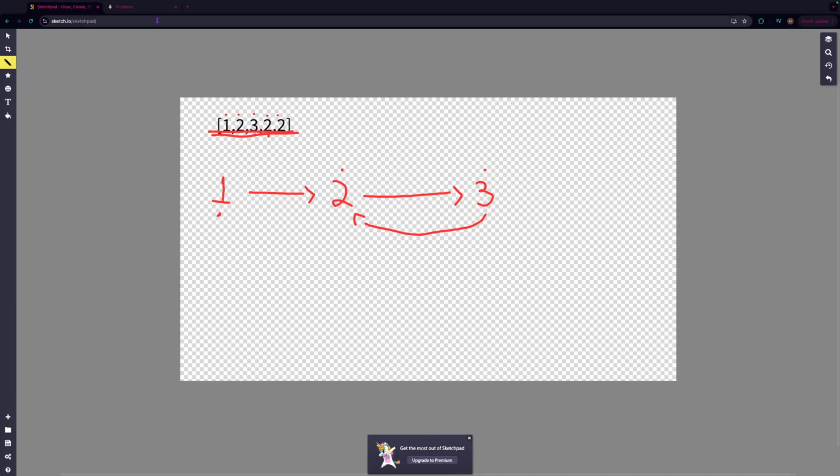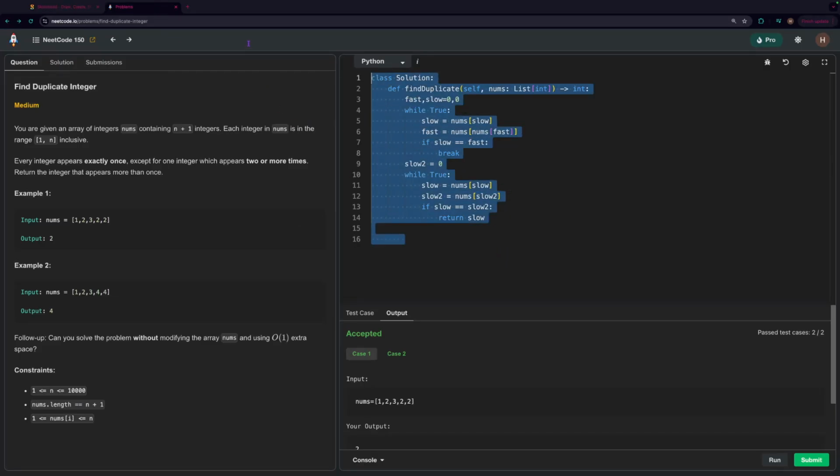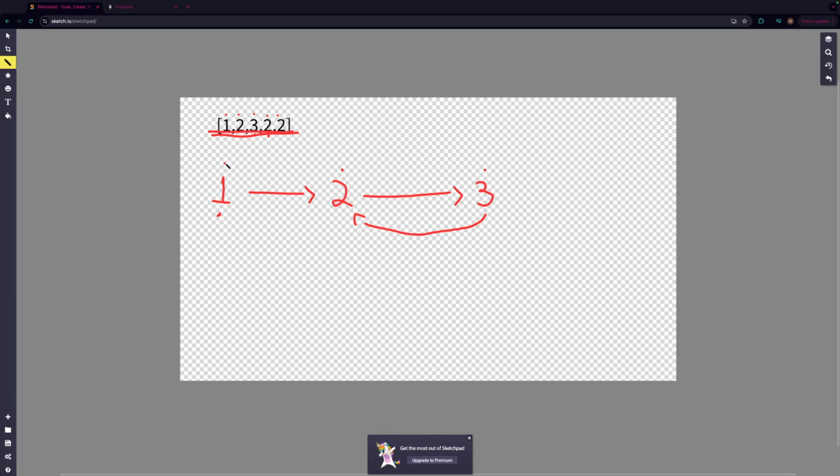That's the base of this solution. There's an algorithm called, I think, Floyd's algorithm, something about a slow and fast pointer. I don't know exactly what it's called, but the general idea is you have a slow pointer here and a fast pointer here.